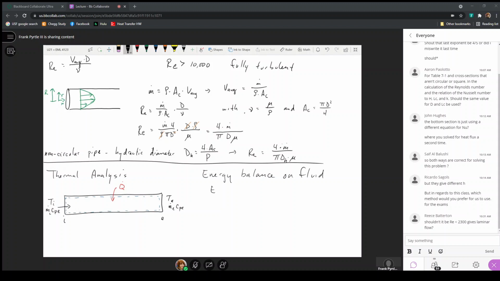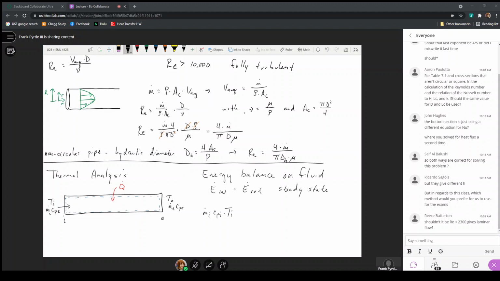If I consider that the rate of energy in must be equal to the rate of energy out for steady state conditions, well, the rate that energy comes in is with the fluid: m dot i times the specific heat as it comes in, times the temperature at the inlet. This gives me a heat transfer rate, and this is kilograms per second times kilojoules per kilogram Kelvin times the temperature in Kelvin.